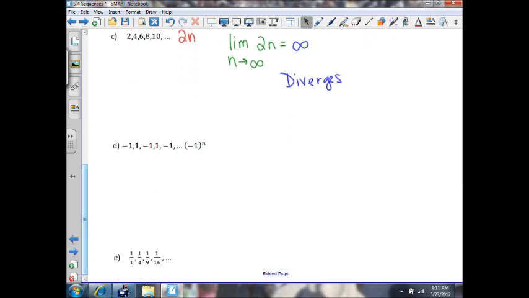Now if you look at D, here's our recursive formula. So we're going to find the limit of -1 to the n power as n approaches infinity. Now this is going to be a little bit different here. If we let n equal 1, -1 to the first power is -1. -1 to the second power would be +1. -1 to the third power would be -1. -1 to the fourth power would be +1, so on and so forth.